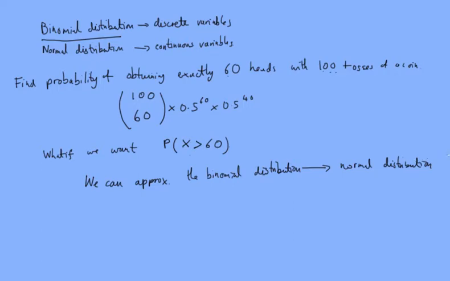So let's look at the shapes of four binomial distributions for n equal 25, so 25 trials.